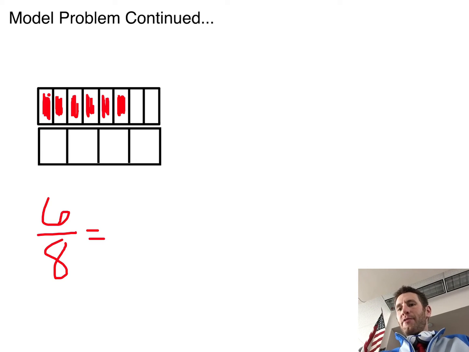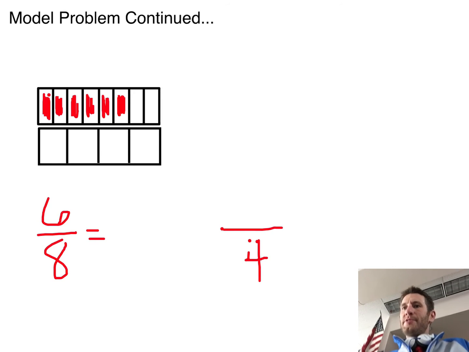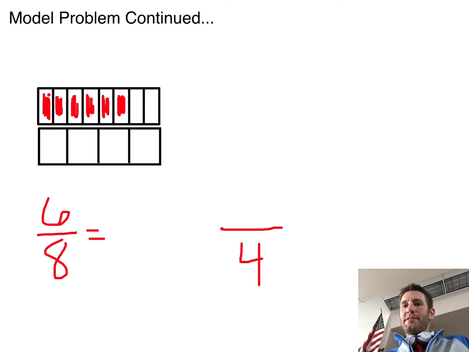The reason why I want to find this equivalent fraction in fourths is because I can see that right down here I have the same whole, but it's now divided into 4 equal parts instead of 8 equal parts.